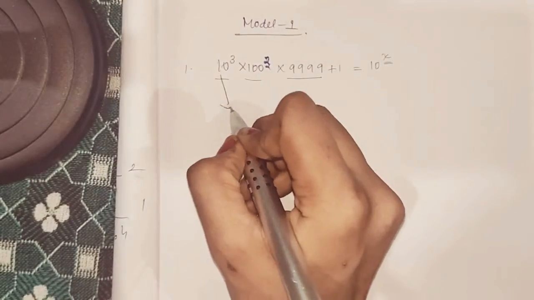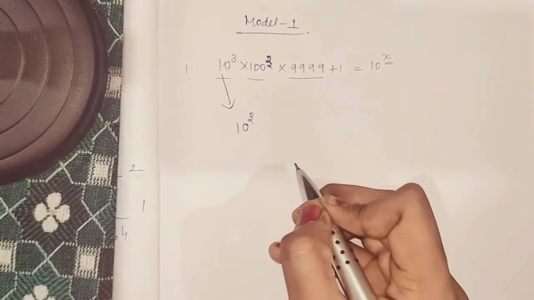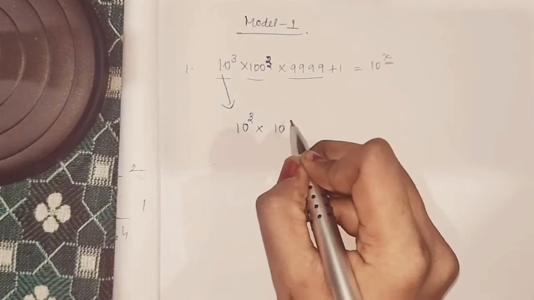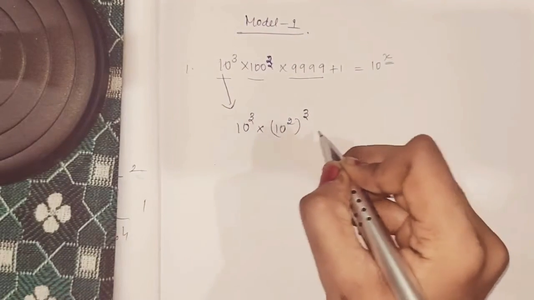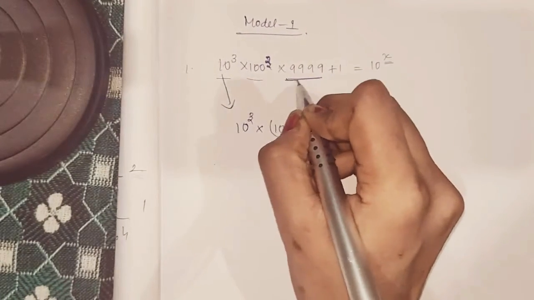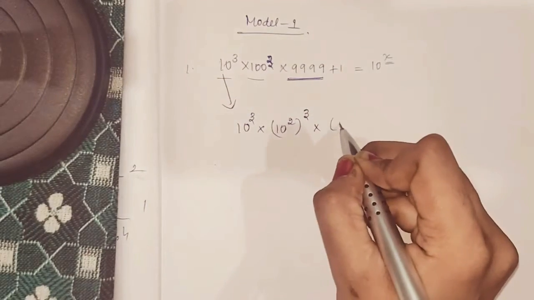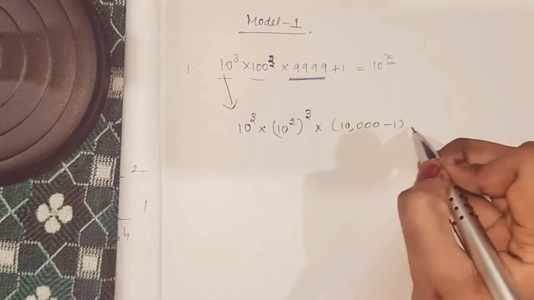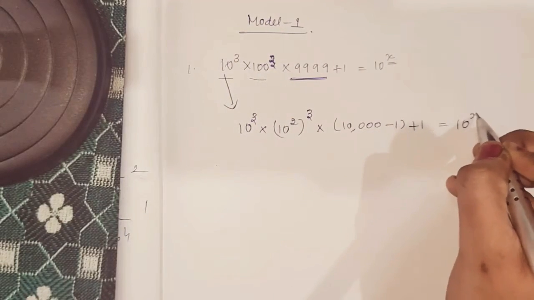Here you already have 10 power 3. Write that as is, into 100, what is 100? 100 is 10 power 2, the whole cube, into 9999, which is nothing but 10,000 minus 1, right? Here you have plus 1, that is equal to 10 power x.